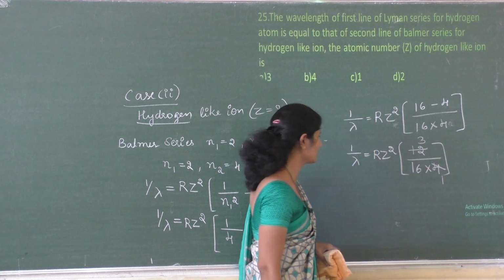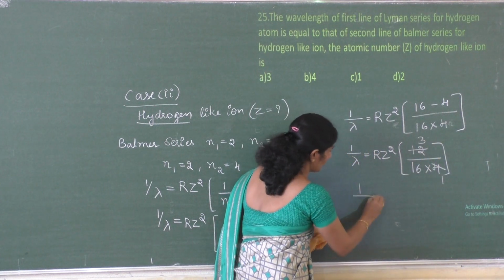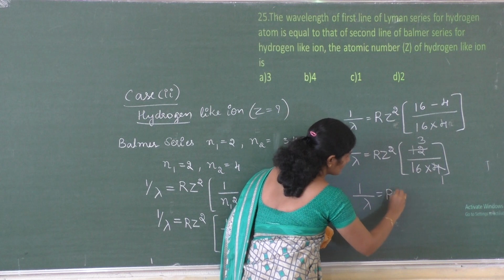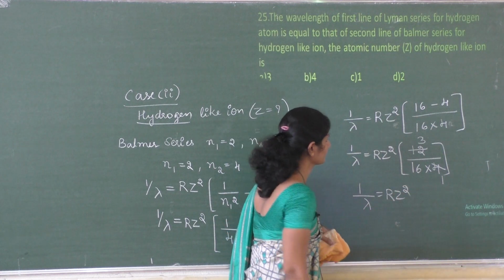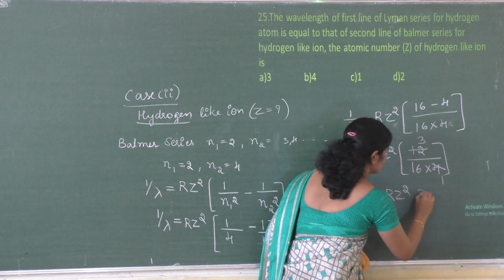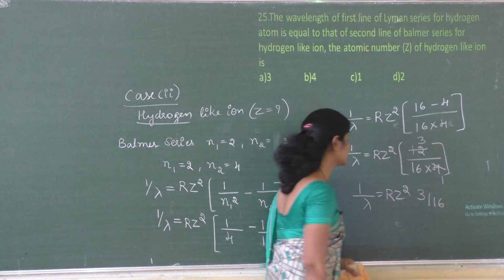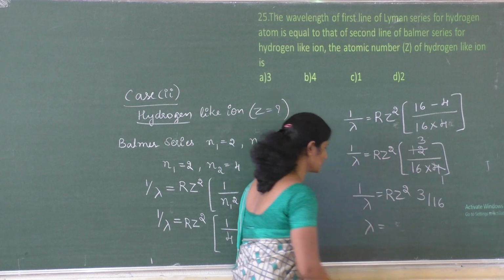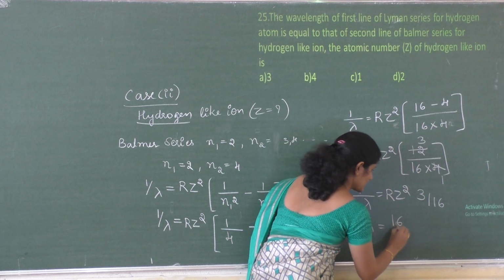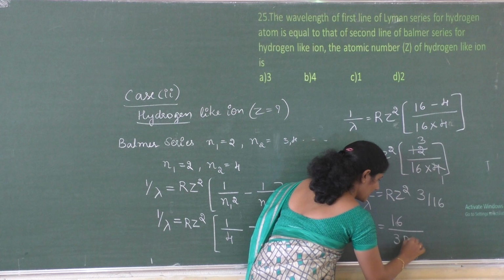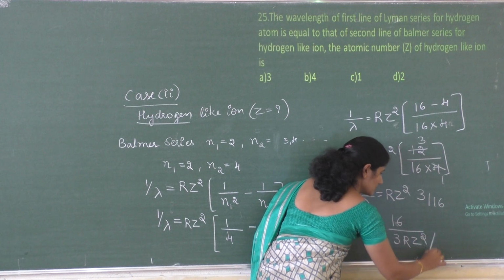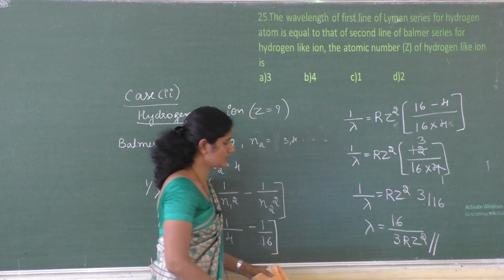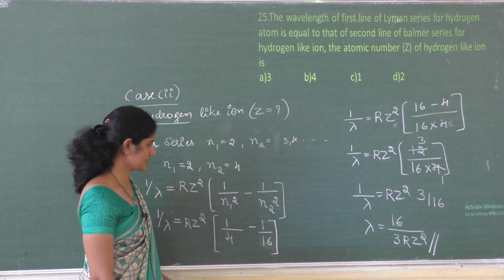Here you can simplify: 1 by lambda is equal to 3rz square divided by 16. Lambda is equal to 16 divided by 3rz square.